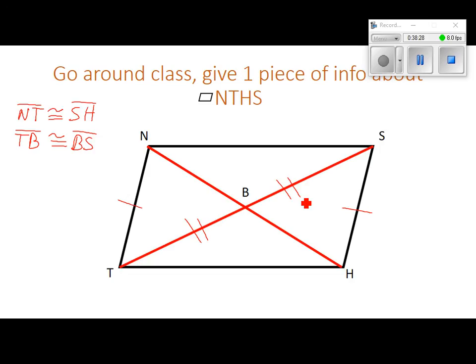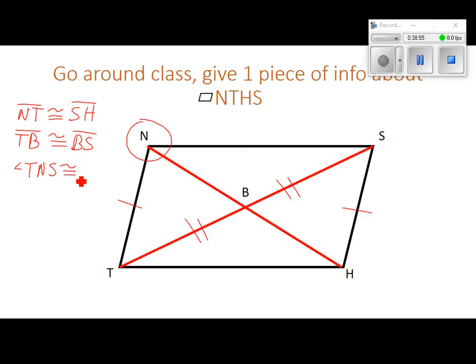N and S, since they're right next to each other, they're going to be supplementary. Now, we can't name an angle N and angle S, so you're going to have to name it better than that. You're trying to name this angle right here, right? How many letters? Three. T and S.